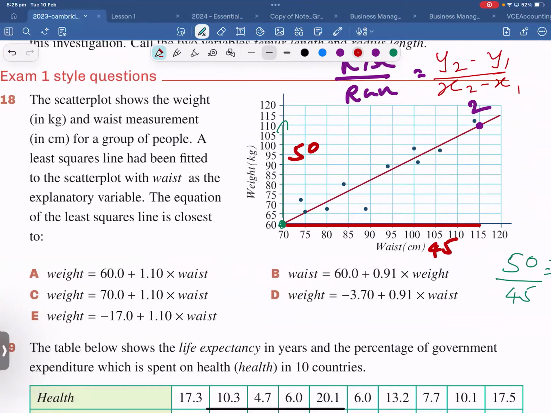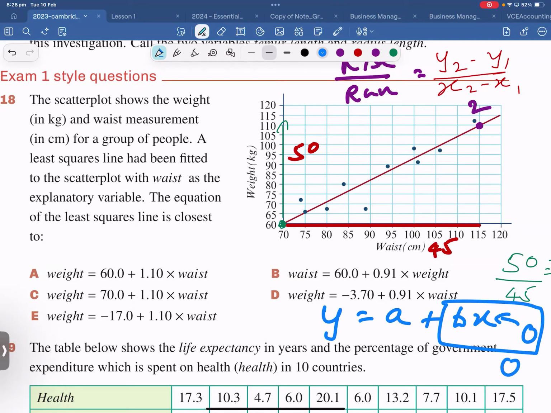X equals 0, good. So our equation is y equals a plus bx. So then x is equal to 0. That means this term will be 0. Anyway, y, how do we know y value?